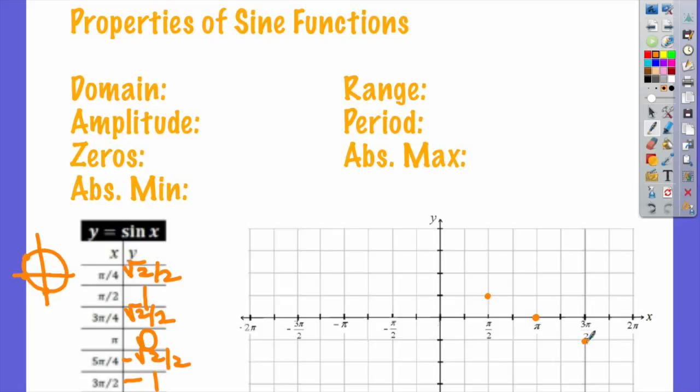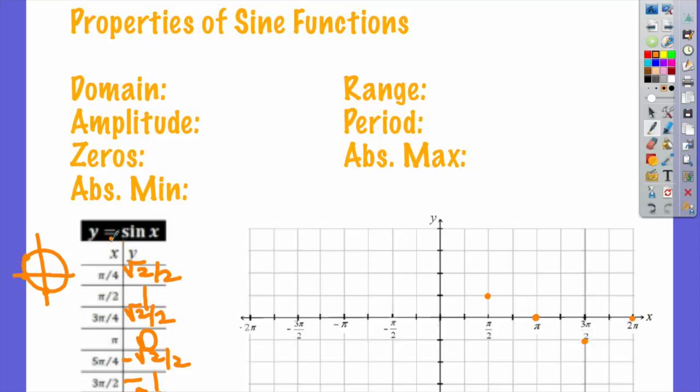7 pi over 4. Not a nice number. Let's keep going. What's the sine of 2 pi? 0. Now, I don't know why this chart did not include 0, but let's do it.